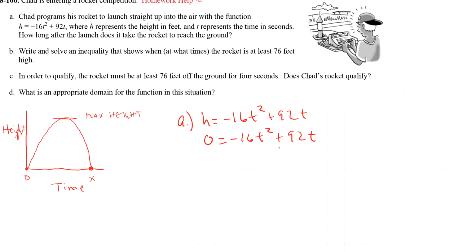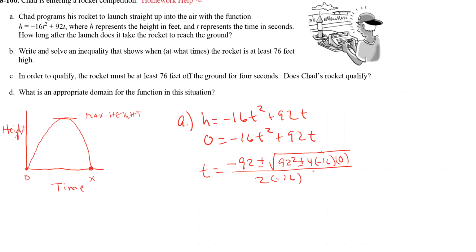So using the quadratic formula, we get t equals minus 92 plus or minus the square root of 92 squared minus 4 times negative 16 times 0, all over 2 times negative 16.